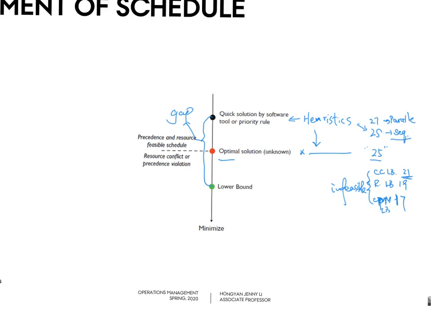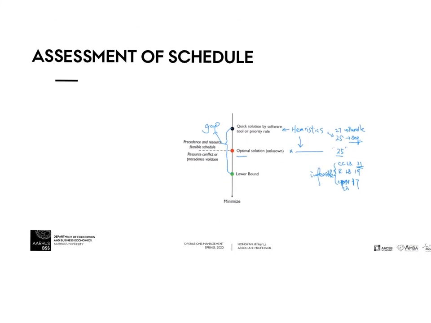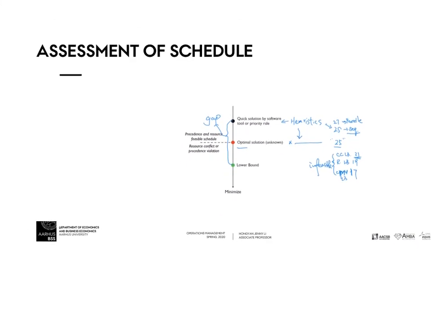In this lecture, you do not need to do all the validation or evaluation of the heuristic solutions. The purpose of mentioning this is to tell you that when you develop a heuristic solution, it's necessary to evaluate its quality.